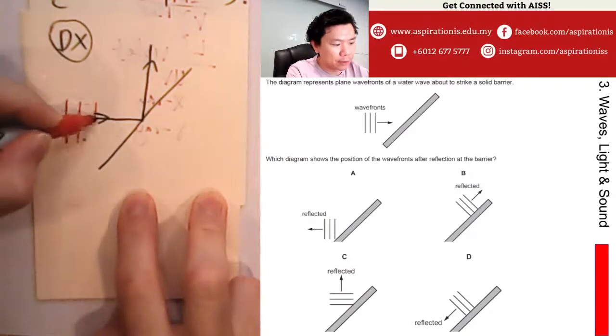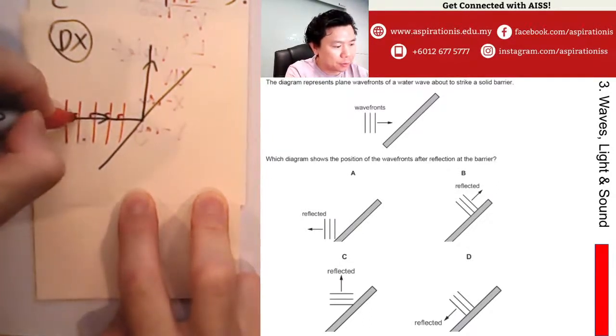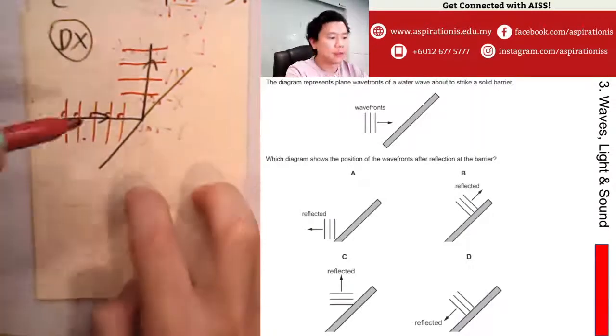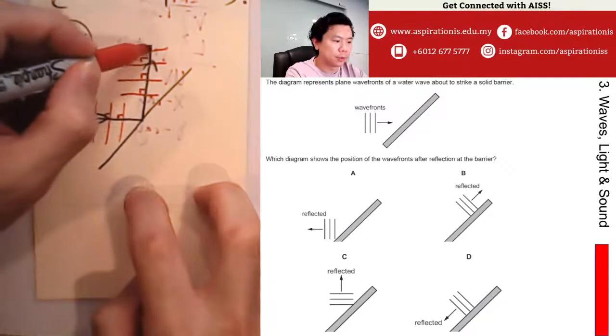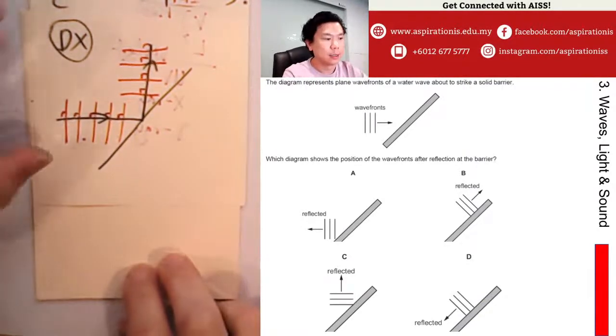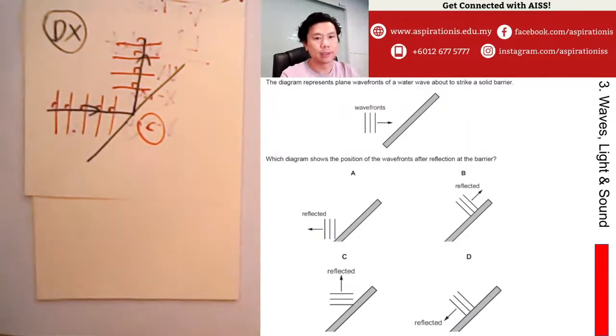So the wave fronts are drawn like that. Remember, they are perpendicular to the wave, right? So the answer for this question is none other than C. Well done.